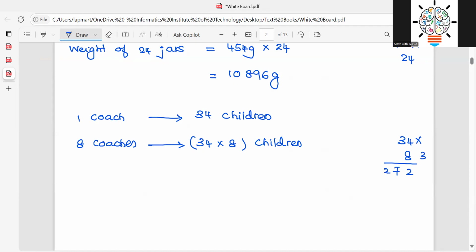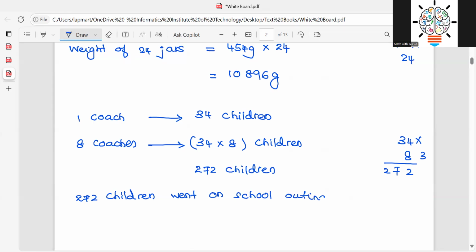So you can confirm it, 272 children went on the school outing, like this, right? So always, if it is a word problem, you understand it and you do the calculation. But how you are going to present it, you want to present it in words.